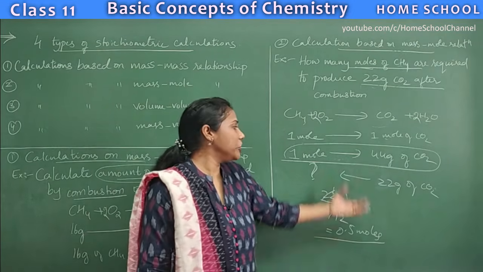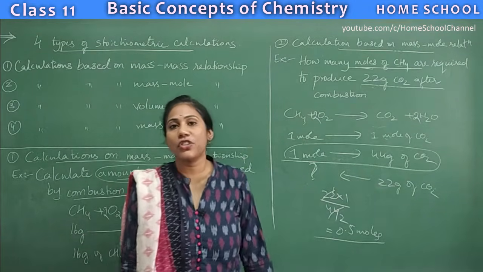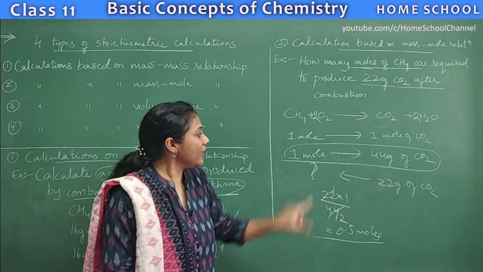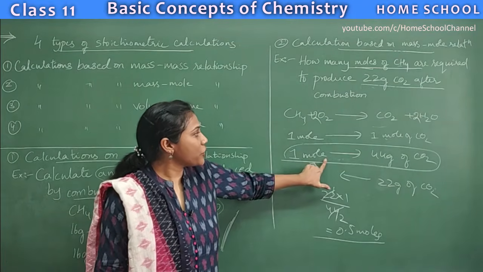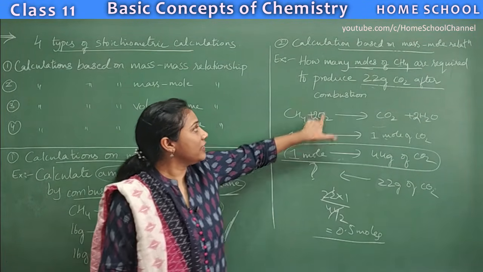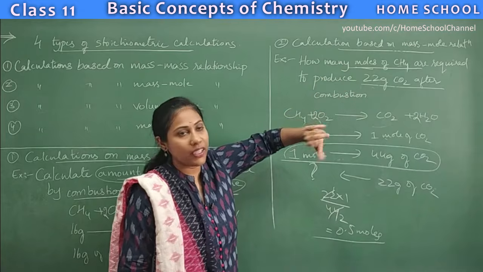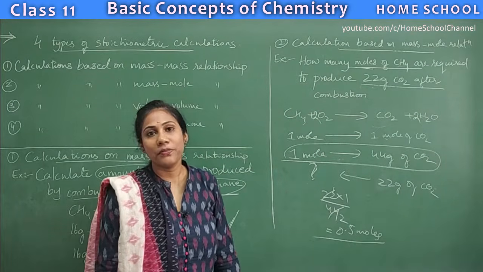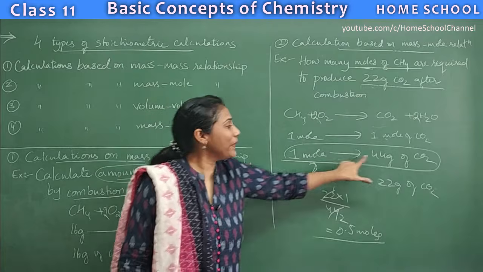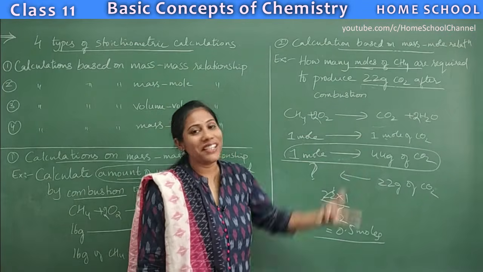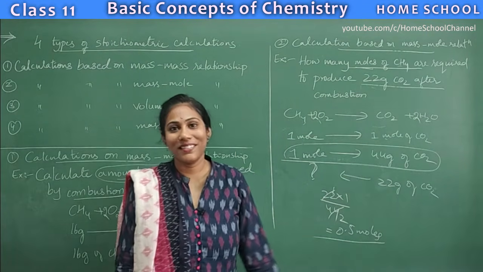Logically, by cross multiplication we are solving. But what is important here is writing this information from the chemical reaction according to the question given. If you don't know how to pick this information, then definitely you can't do any calculation.